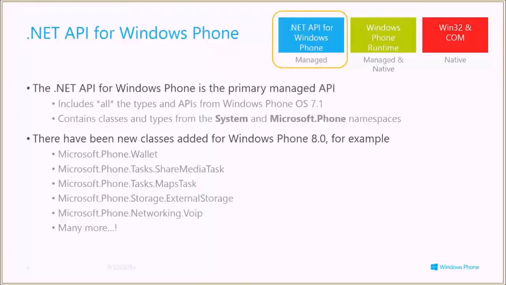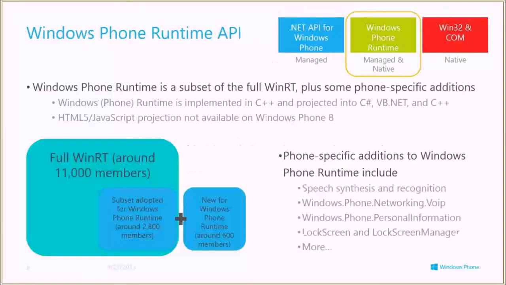If you're not familiar with it, the Windows Runtime API is the backbone of the Windows Store apps for Windows 8. These are classes and libraries that are implemented in C++ and projected in C#, VB.NET, and C++ as well.